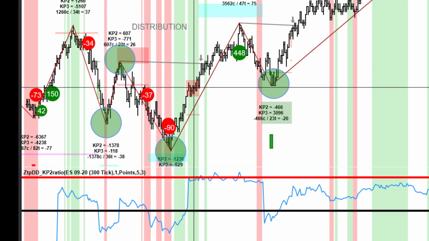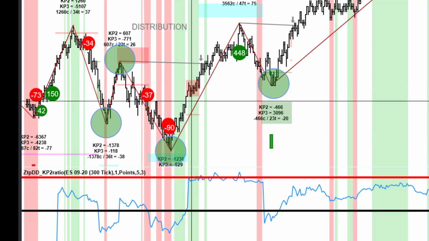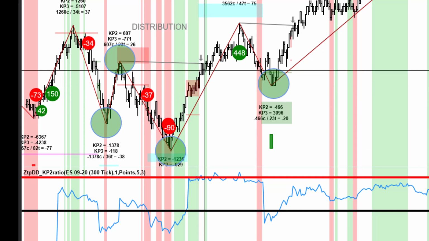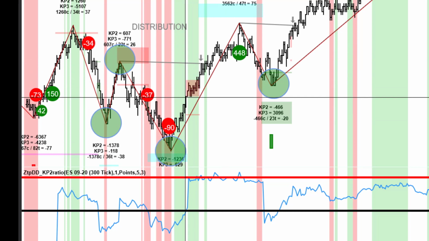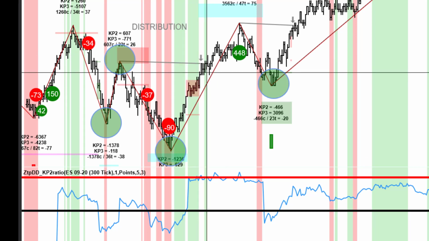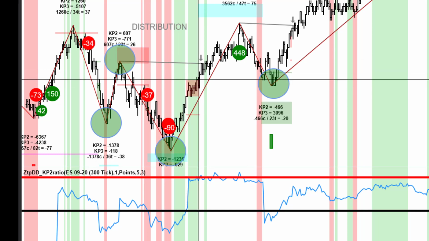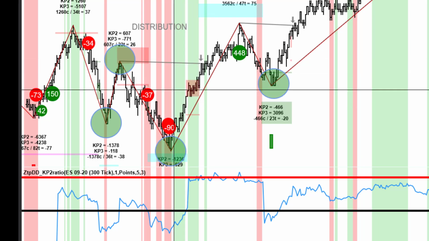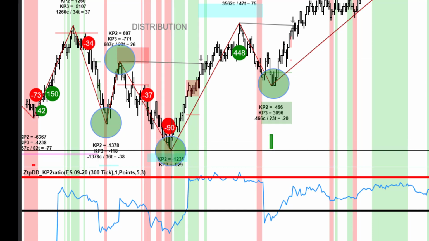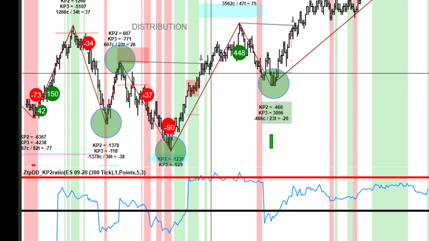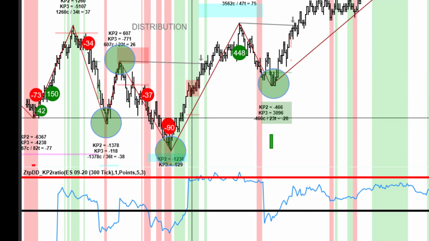But as you notice from Bloodhound, we were only being given buy signals here. And using this theory, we would have received no sell signal. So this is why this is extremely important. Now, this idea is also something that can be traded with Blackbird, and that is something that I am seriously going to look into.